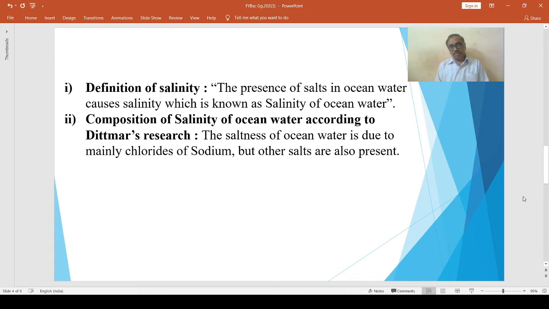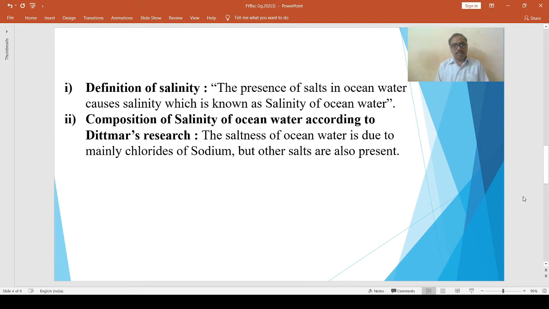The percentage of sodium chloride in ocean or seawater is 77.8, and in grams it is 27.21. Then magnesium chloride.